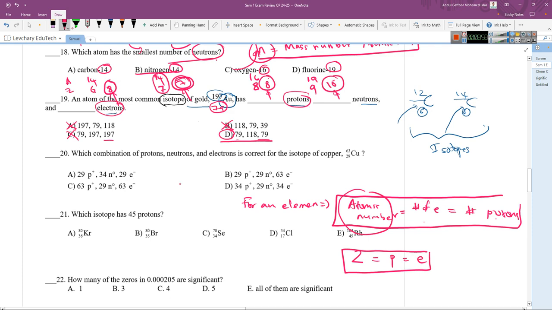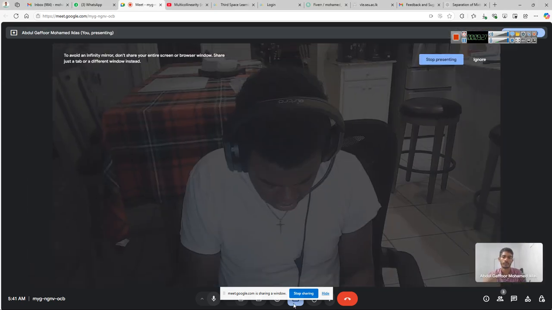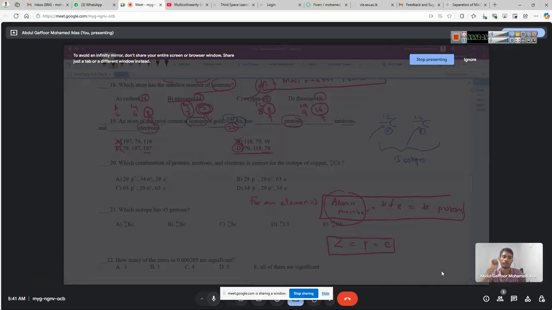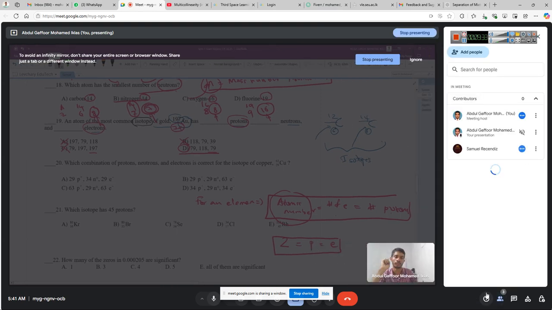Now shall we confirm our answer by calculating the number of neutrons? Yes. Okay, how can you do that? Use a calculator. 197 minus 79 is 118.